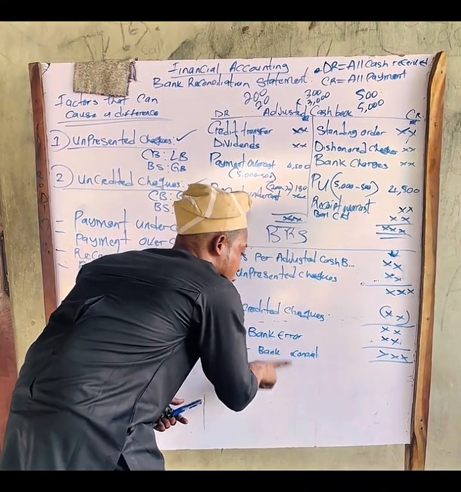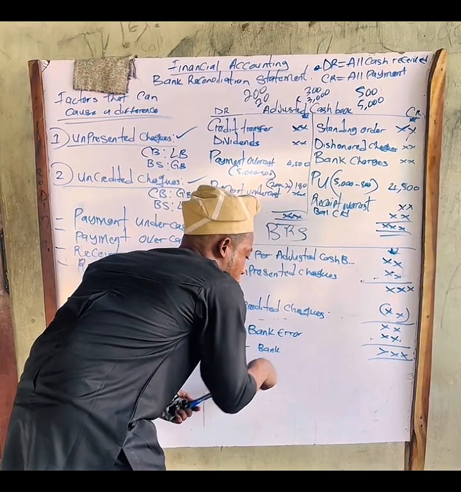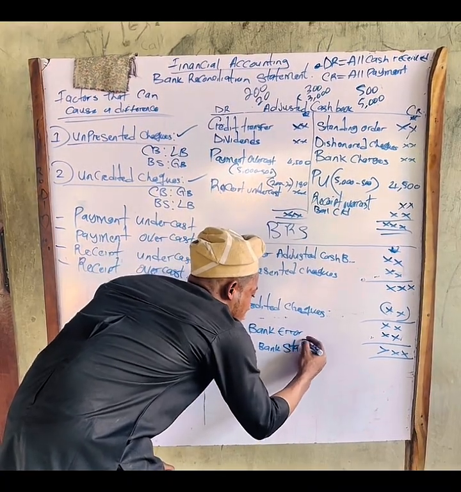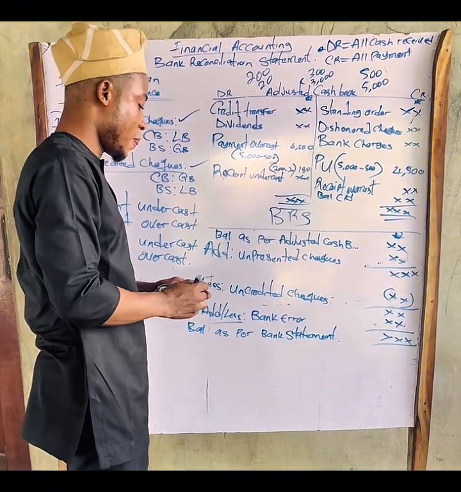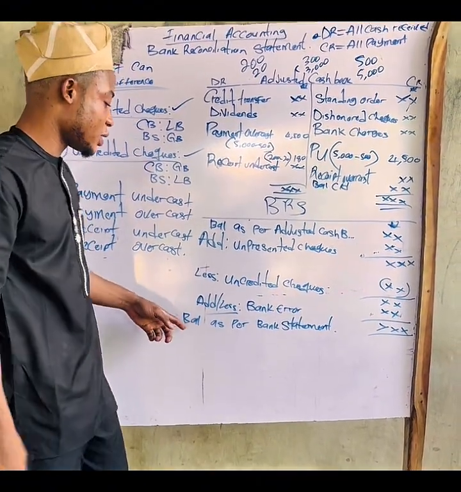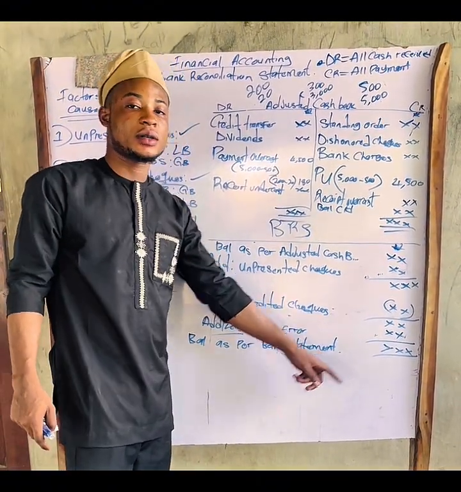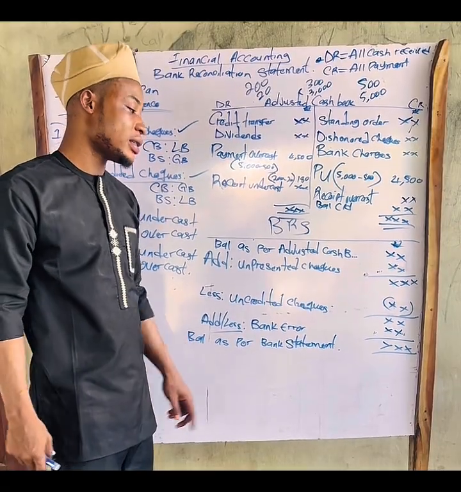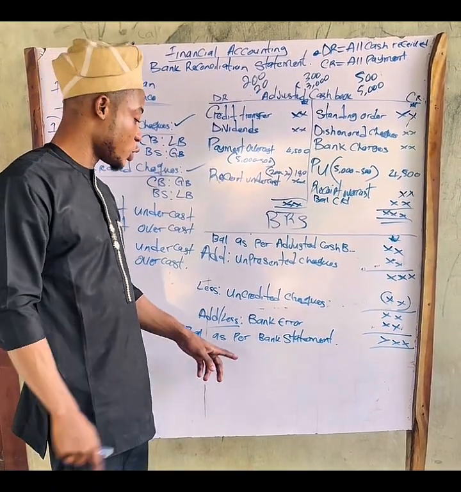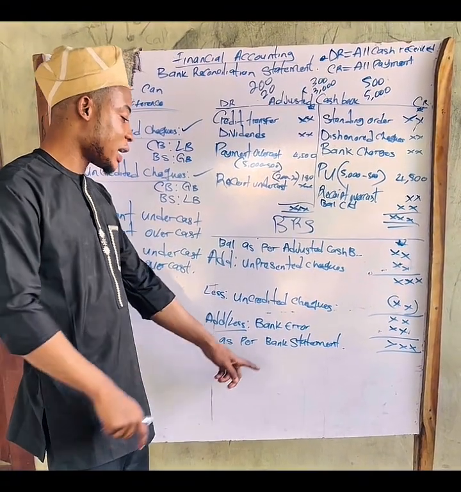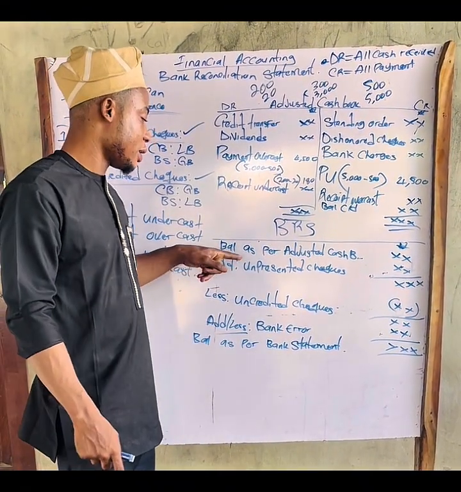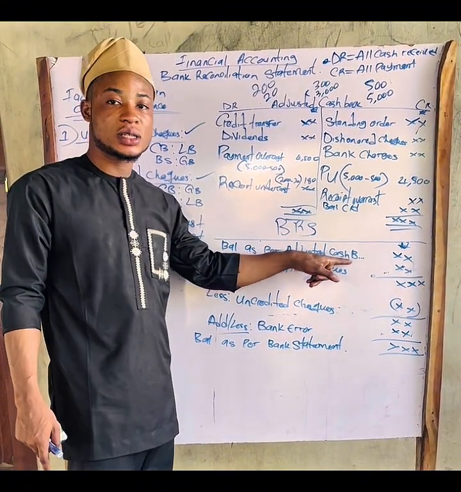Balance as per bank statement. Yeah. So if you are getting your balance as per bank statement first, because in some cases you are going to be given this balance in your question, you can start with this balance instead of starting with the balance as per adjusted cash book.